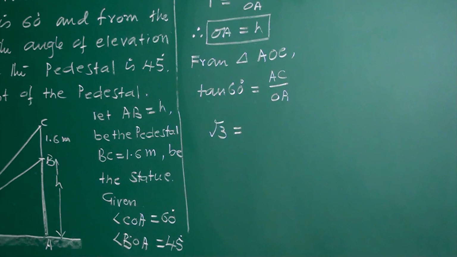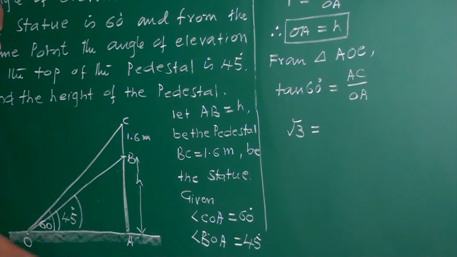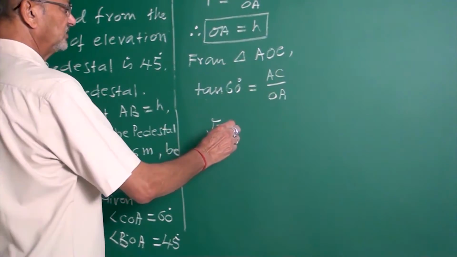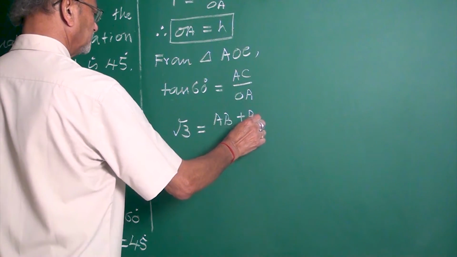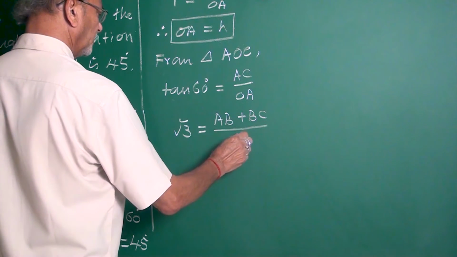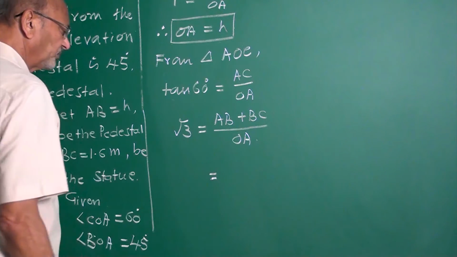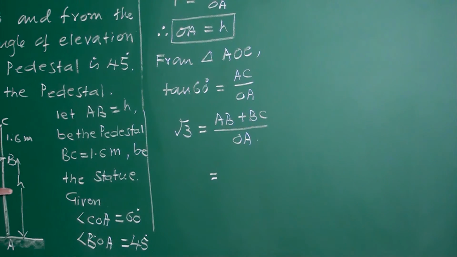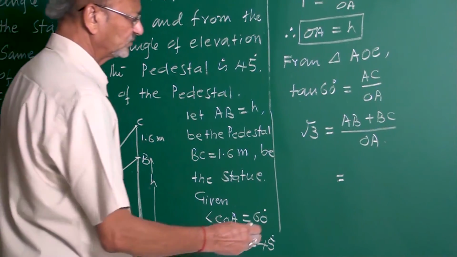What is AC, my friend? AC is AB plus BC, upon OA. Put the values. What is AB? AB is H. What is BC? 1.6.